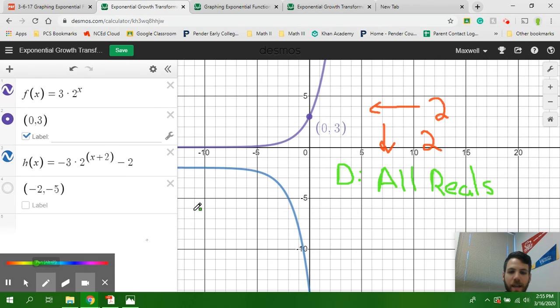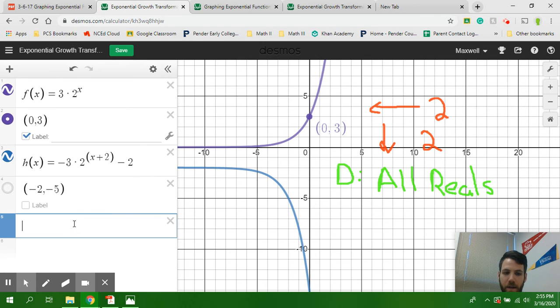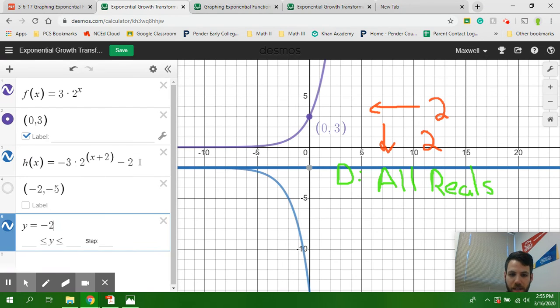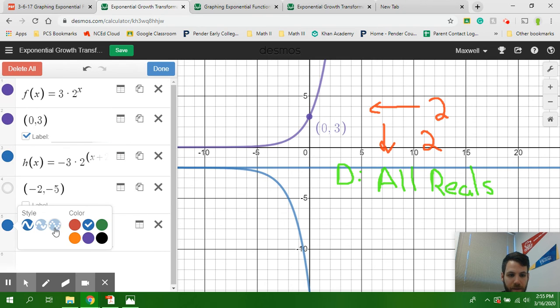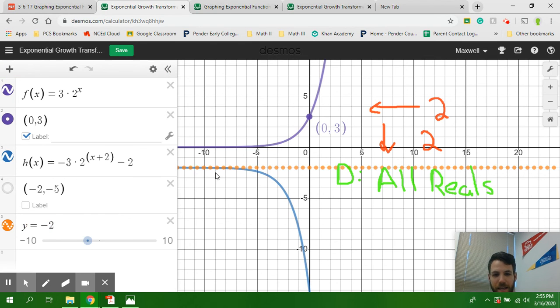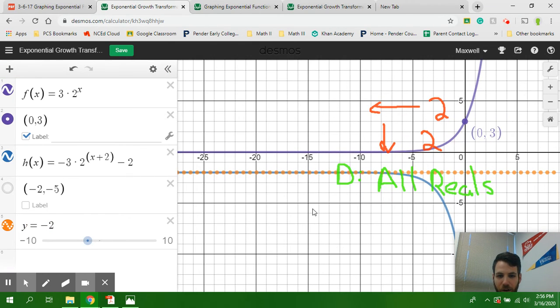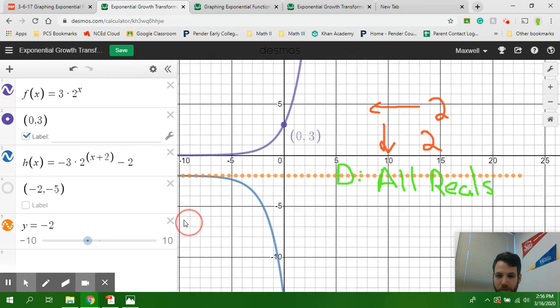So our range is a little bit different because we can maybe put one of those imaginary lines in again. So if we type in y equals -2, which you'll notice is the same number as this n number in our equation, and we can make it a nice dotted line, make it orange. We can see that our graph is going to level out at that line at -2.